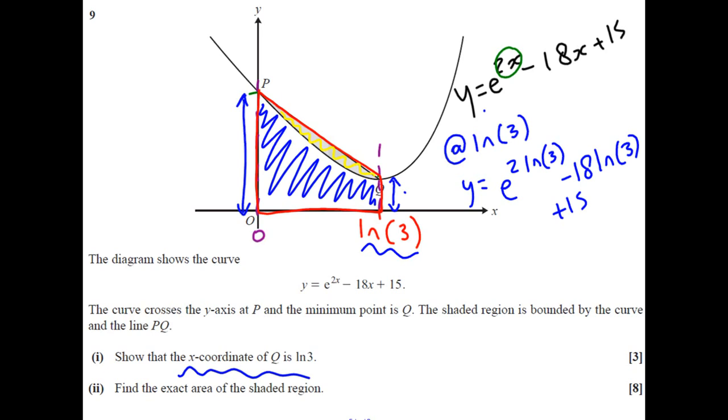Okay, you can either do that in your calculator, or it's probably asked for exact form, so avoid using your calculator too much. Okay, the 2 goes up as a power, e and ln are inverses, this becomes 9 in the middle, so you get y. We're going to keep it as ln 3 because that's exact, plus 15. We will just now put the 15 and the 9 together to get 24.